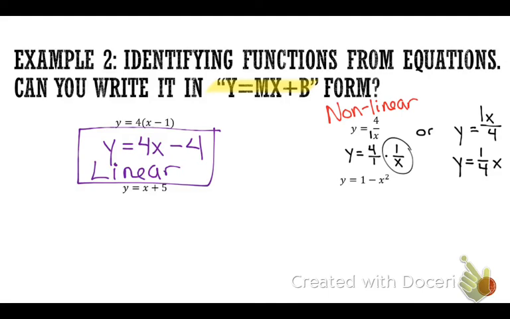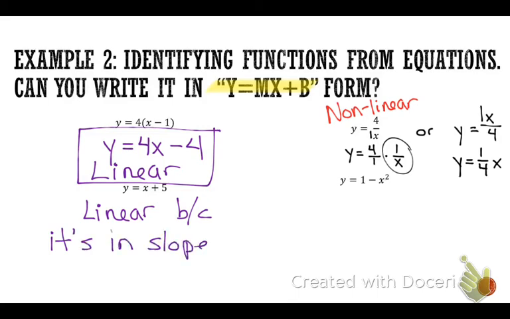So if it's in slope-intercept, does that make sense? Okay. I'm going to say linear because, you can do BC for because, it's in slope-intercept. All right. That's the whole kicker. That's exactly what tells me whether or not it's linear.